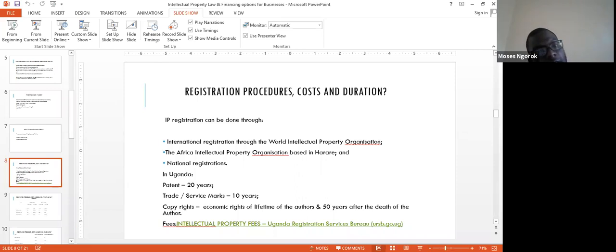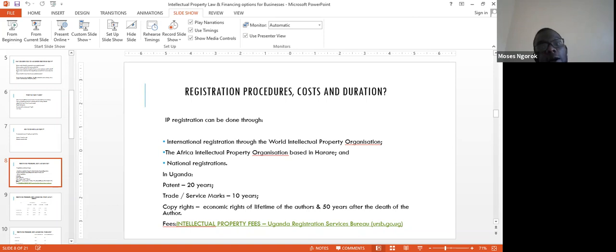I'm going to focus on patents, trademarks, and copyrights because they're the most common. You must note that this training cannot be fully exhaustive because we would need a whole day's training to go in depth. But I'm just going to give you an overview of what it looks like to register these intellectual property rights.